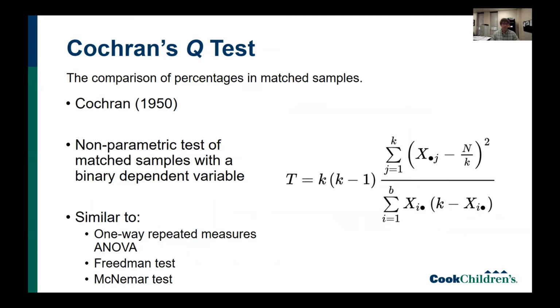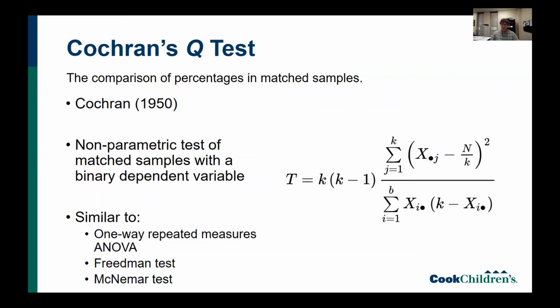To answer this question, we're going to use Cochran's Q test, which is a comparison of percentages in matched samples. Cochran first identified the statistic in 1950, and it's largely been used for the purposes of meta-analysis, determining whether or not effects are seen across different studies. Notably, this is a non-parametric test of matched samples with a binary dependent variable.